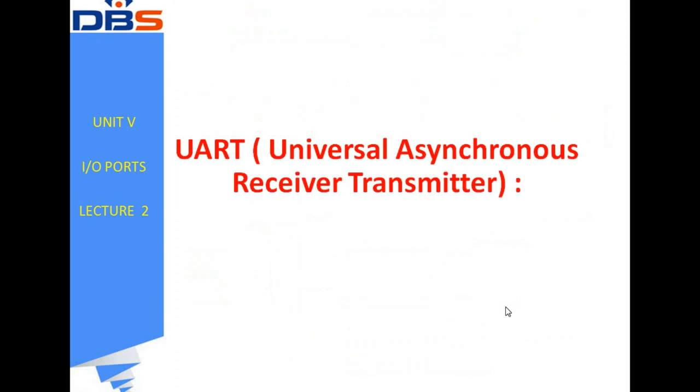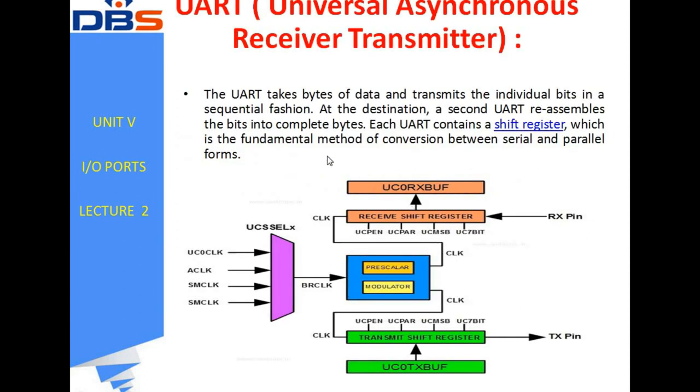It is used to exchange data with another equipment such as a PC. Here the UART takes bytes of data and transmits the individual bits in a sequential fashion. That means we are transmitting the data bit by bit along with start and stop bits.